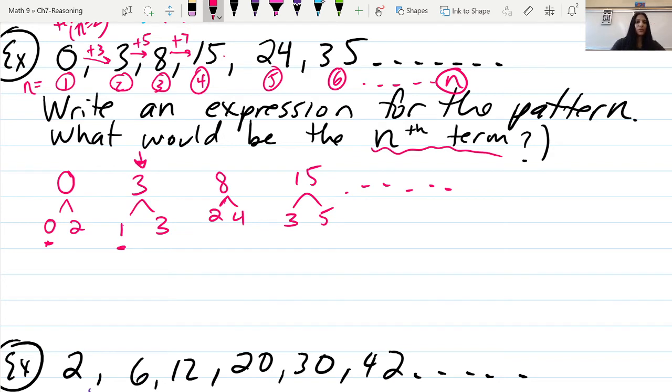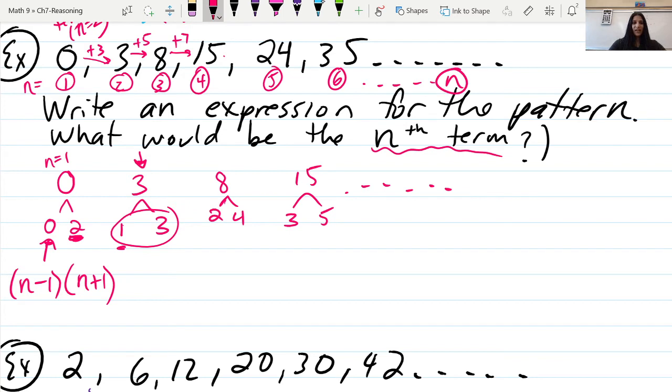And so the relationship between this and the figure number, well, if this was for figure n equals 1, my first value here would be like saying n minus 1. And this value here would be like saying n plus 1. Let me see if that also works here. N, this is figure number 2, so n minus 1 would be 1, and n plus 1 would be 3, so it works in this case.